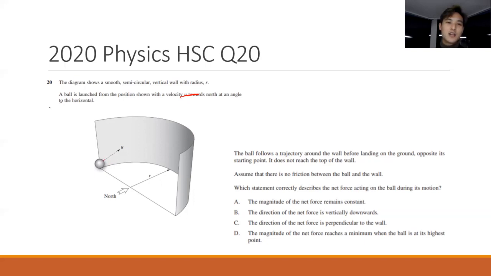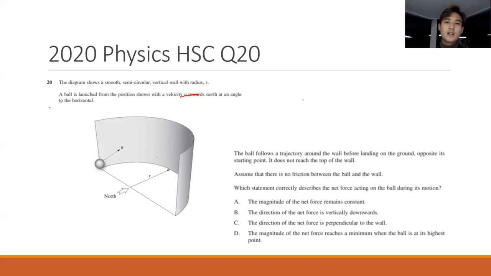So in this case, there is kind of two motions that are combined. First, we have projectile motion, but now we also have centripetal motion that's guided by this vertical wall.